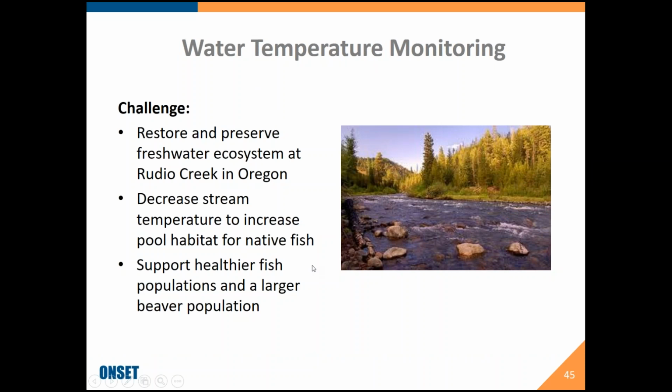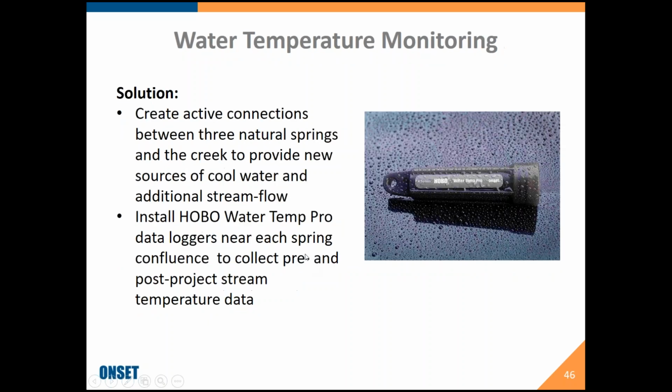Solution was to deploy the U22001 data loggers, and they monitored not only the stream but in some additional areas to see if they couldn't find an area where there was cooler water and help modify the temperature rise.